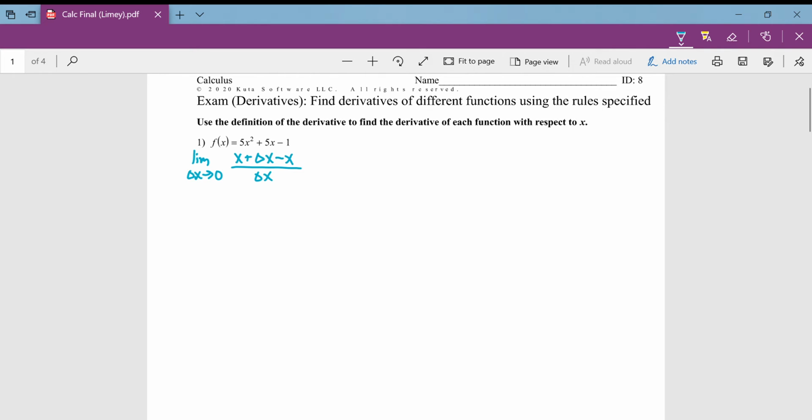And since we have two x's, we gotta break it up. So we would get 5x squared.